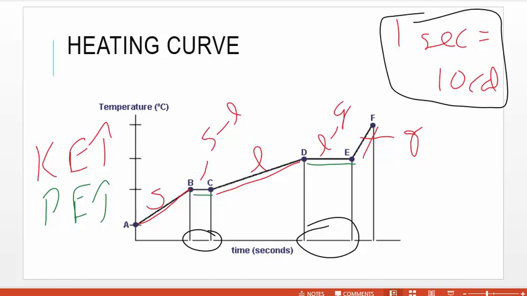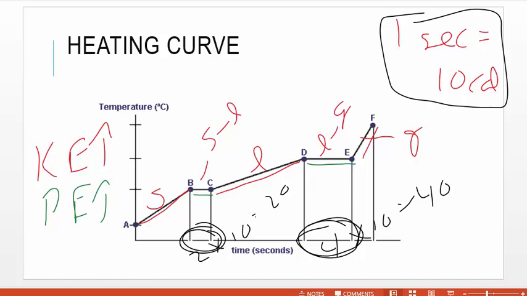So it looks like it takes maybe 2 seconds to go from solid to a liquid, whereas over here it may take 4 seconds. So 2 times 10 is going to give me 20 calories. 4 times 10 is going to give me 40 calories. So it's going to take more calories to go from a liquid to a gas than it does to go from a solid to a liquid.